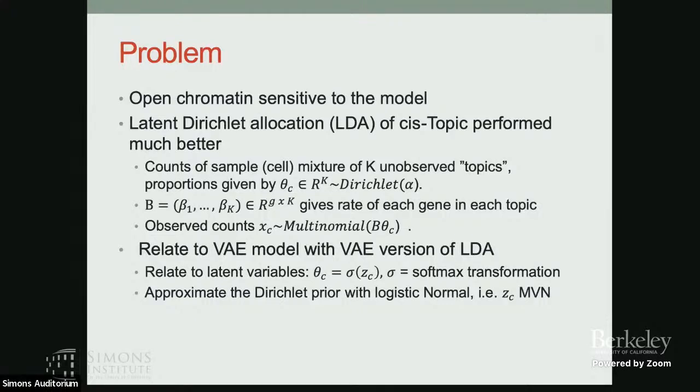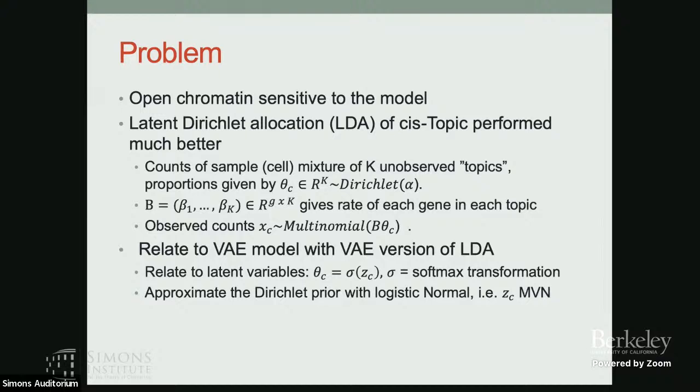For the biology setting, you can think of this as different biological processes. Some RNA is going for one process, some is going for another process. You add it up and that is what you see. That's idealistic, obviously, but theta for a cell would be the proportion of those processes that this particular cell needed. Then you have a parameter that lets you know, given each topic, how much you get of each gene.